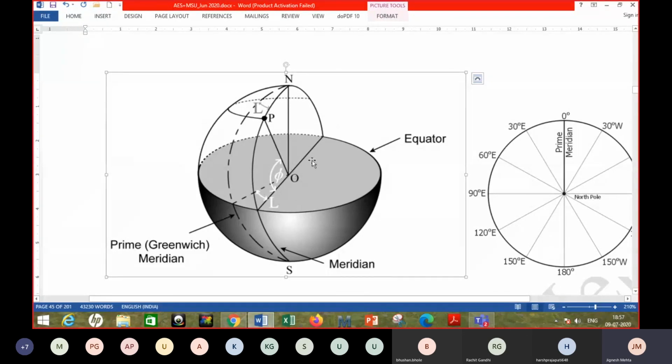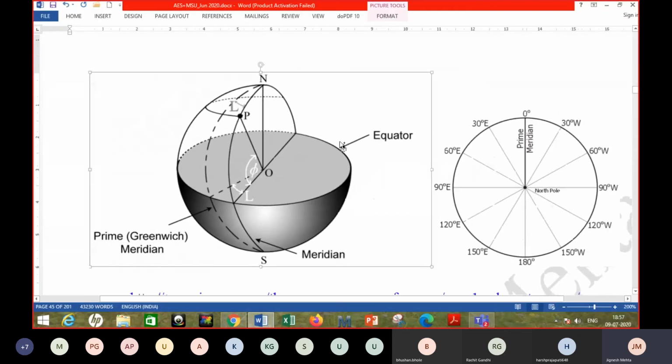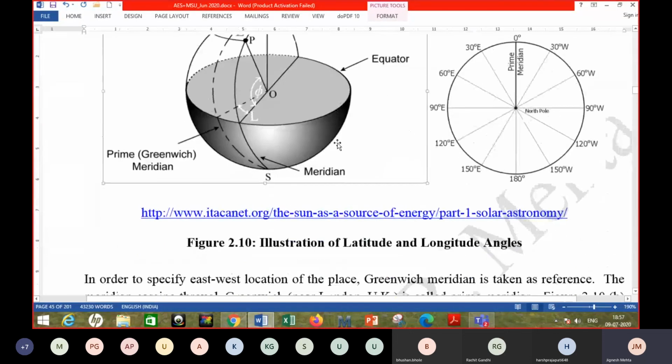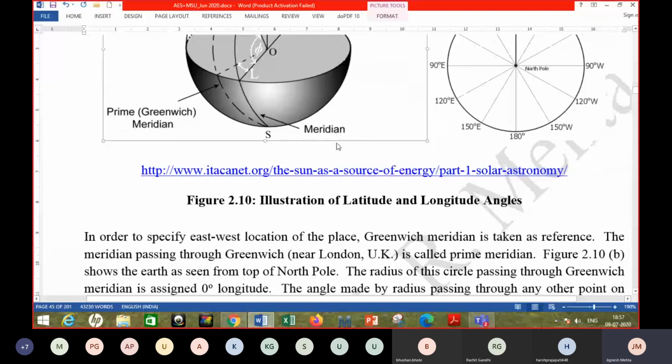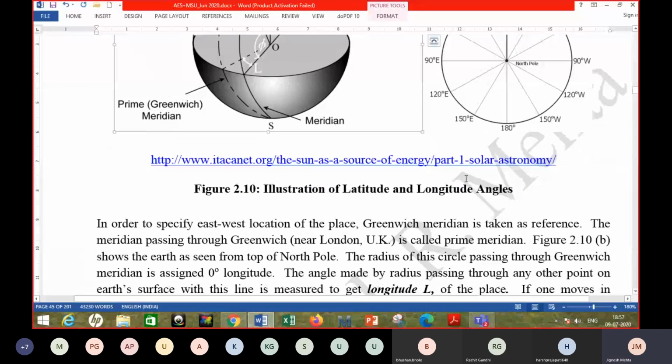So if you are just opposite to the prime meridian, you will be 180 degrees east or 180 degrees west, one and the same thing. So this is the concept of longitude, right? These are of course not new concepts, but you need to revisit them to be able to understand the further concepts.